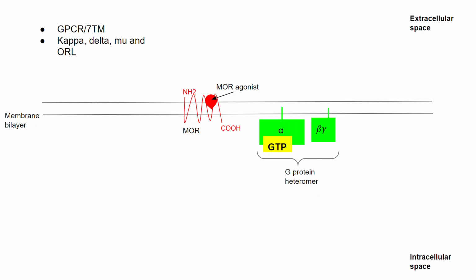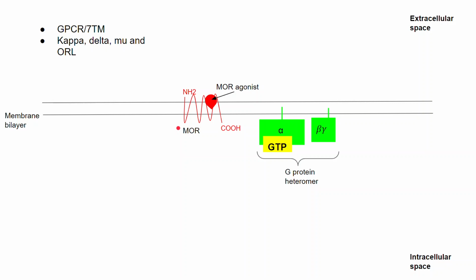You might have heard of those as pain-relieving medication, or people take them recreationally. And endogenous agonists, which are like enkephalins and endomorphins, substances that bind to and activate mu-opioid receptors, which are naturally produced in the body.